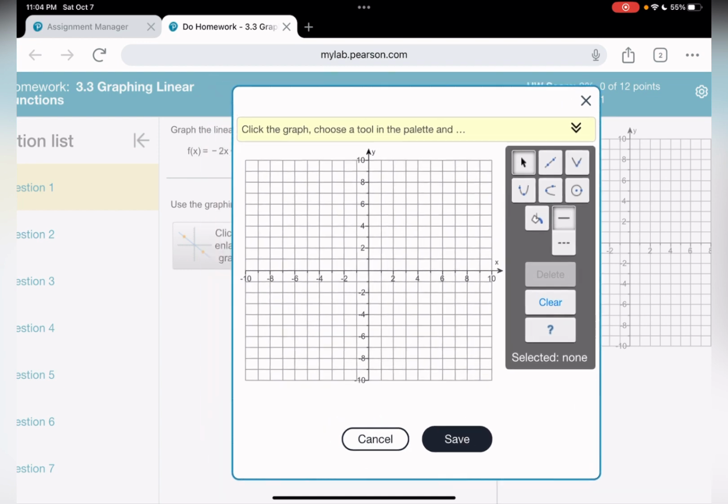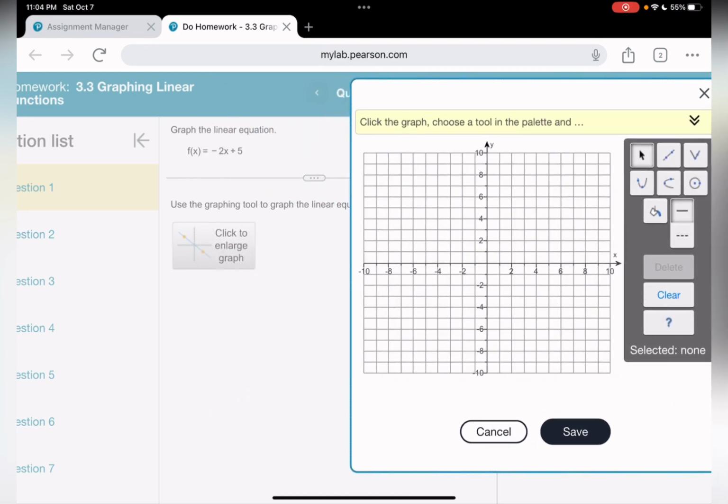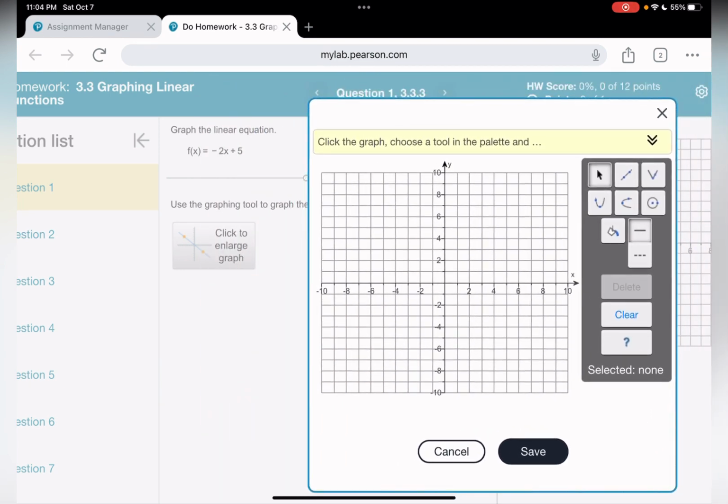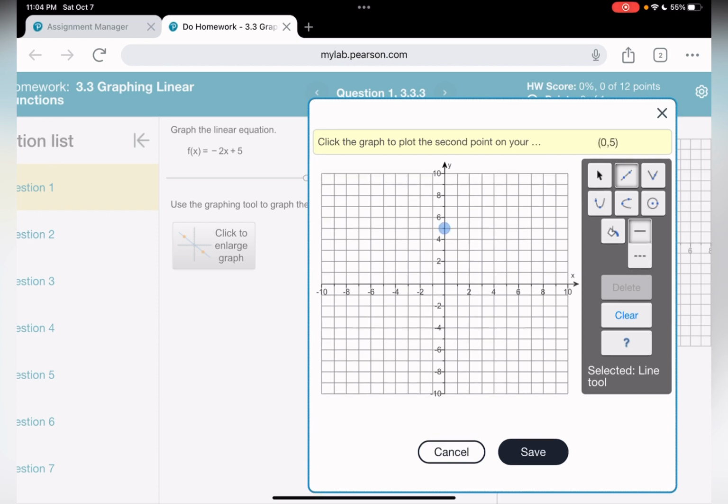So if my x is equal to 0, negative 2 times 0 is 0, and plus 5. So when x is equal to 0, my y is equal to 5. Next, x is equal to 2, let's say.